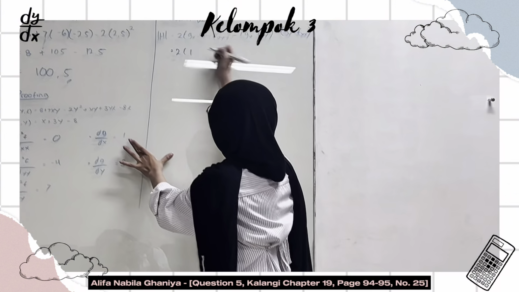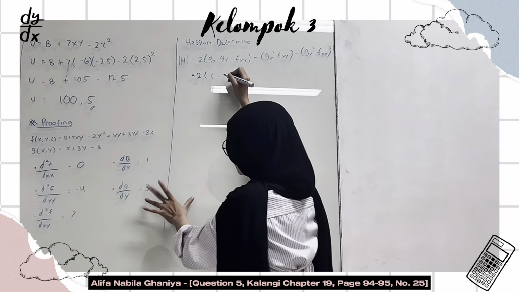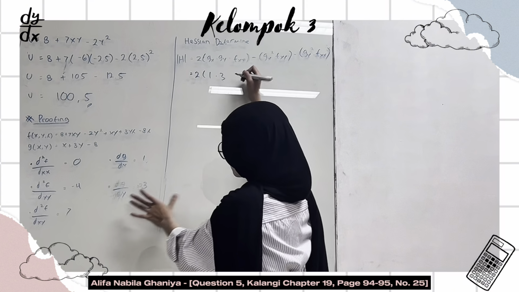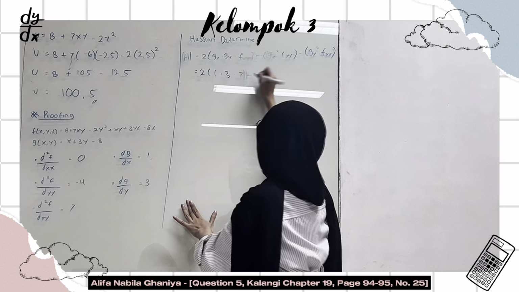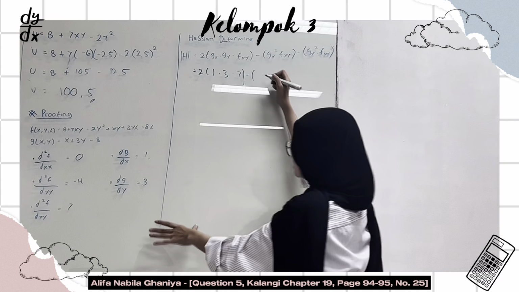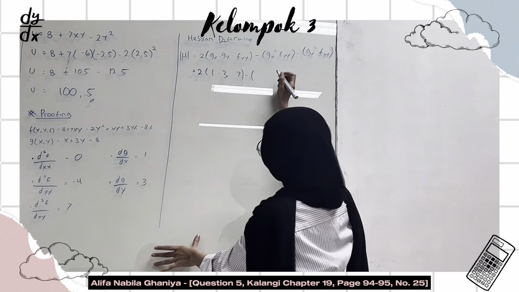Gxy times 3 times 7 minus gx squared is 4.